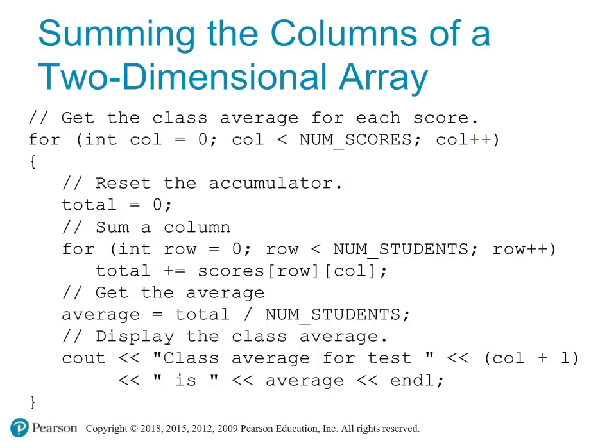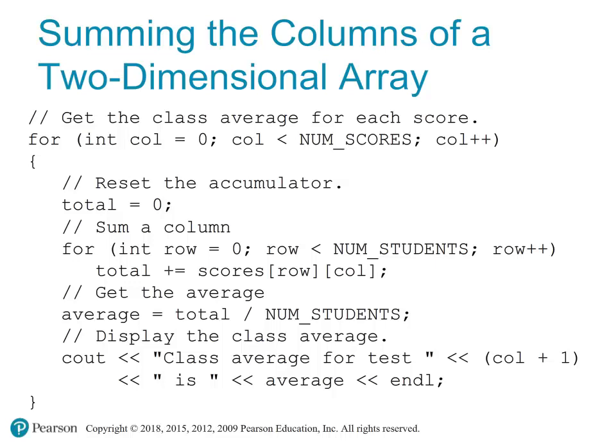In the inner loop, the nested loop goes through each student score for the current test and adds it to the total. So the inner loop is for int row equals 0, row less than NUM_STUDENTS.